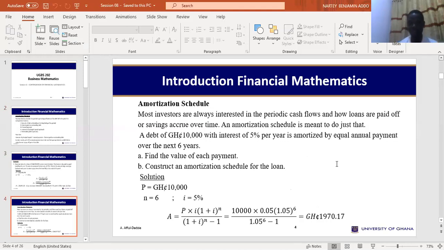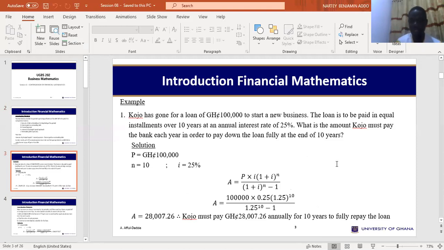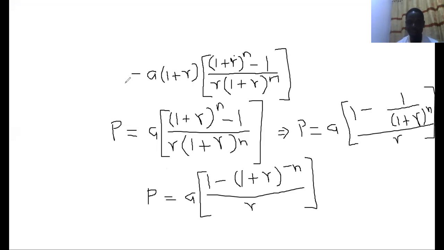So this is A is equal to P times I, or multiply by, that is if you want to find the installment. See, the installment that you're supposed to pay. If you want to find that, for example, this one, this is P is equal to this, right?